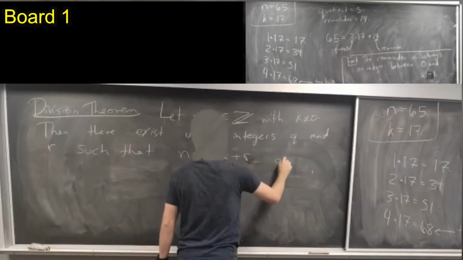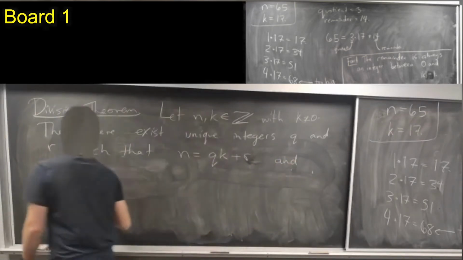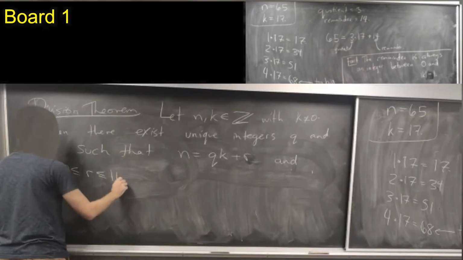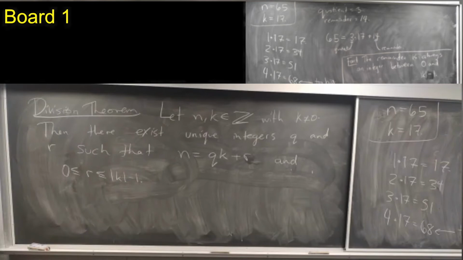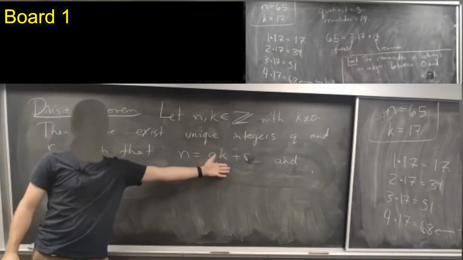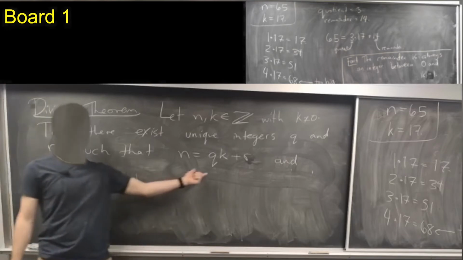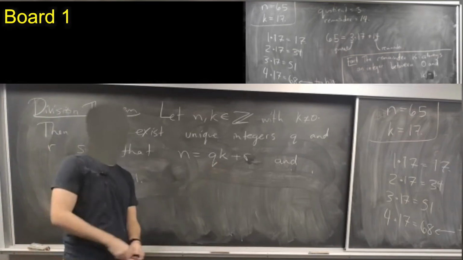And this is an important part: r is between 0 and the absolute value of k minus 1. The letters q and r are chosen to give you a signal: q is the quotient, r is the remainder.